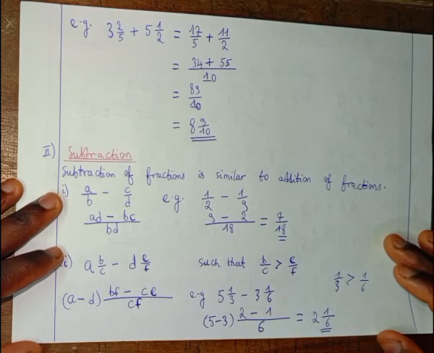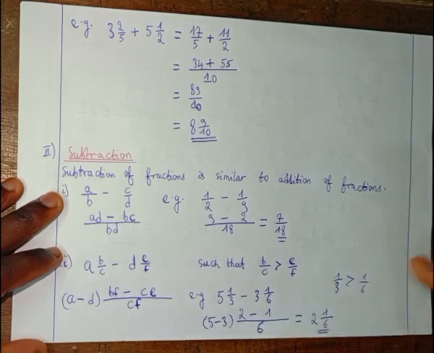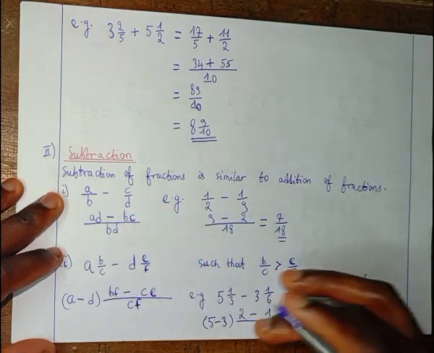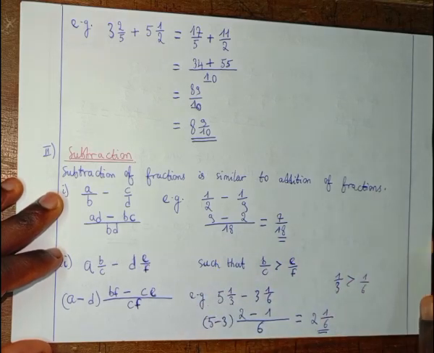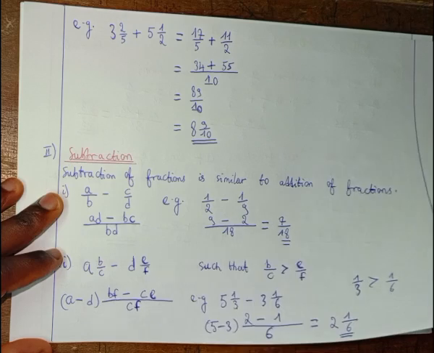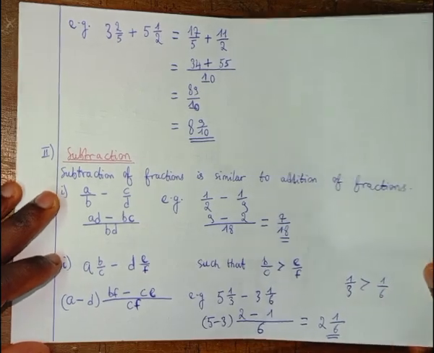Now, in a case where the proper fractional part of the first fraction is less than the proper fractional part of the second fraction, we are going to change the two mixed fractions to improper fractions. Then we carry out the subtraction. After carrying out the subtraction, then we change the answer to a mixed fraction.